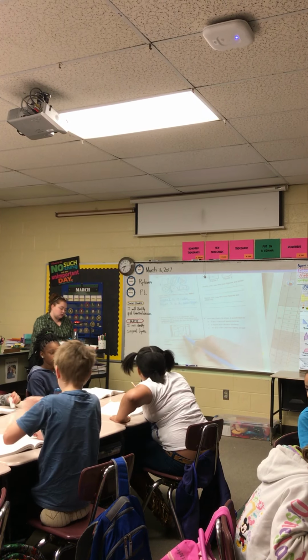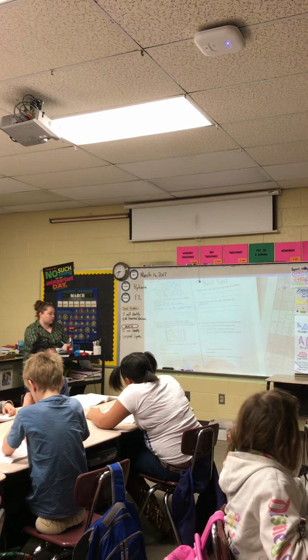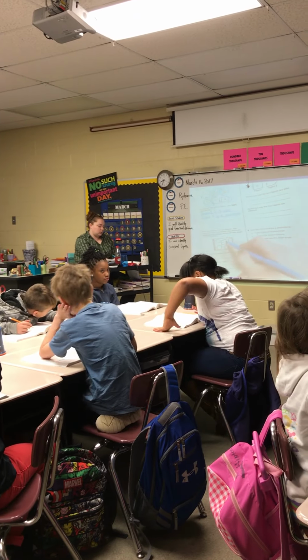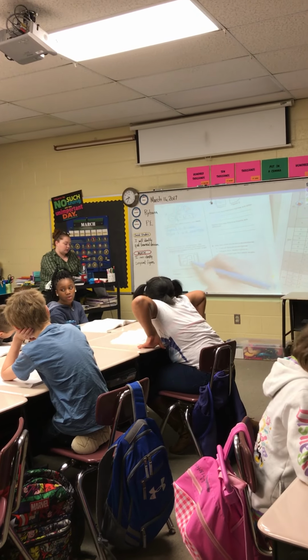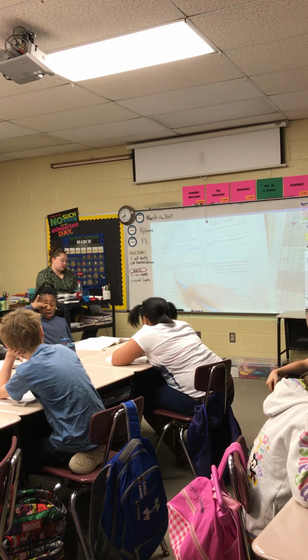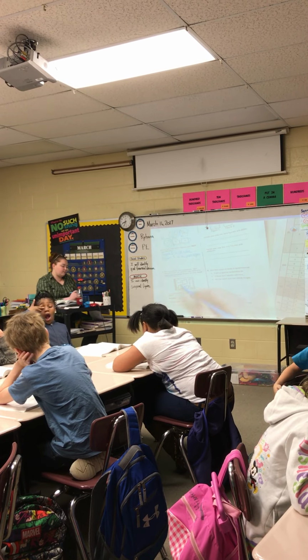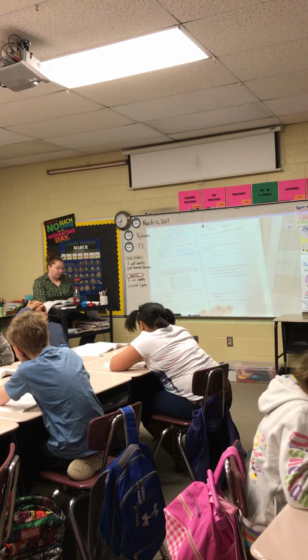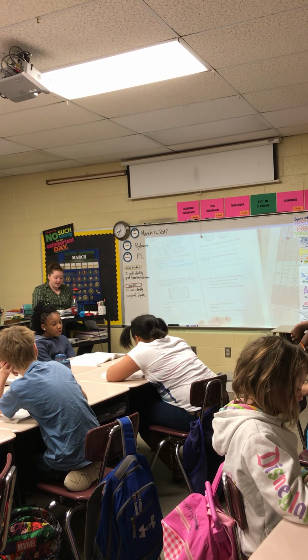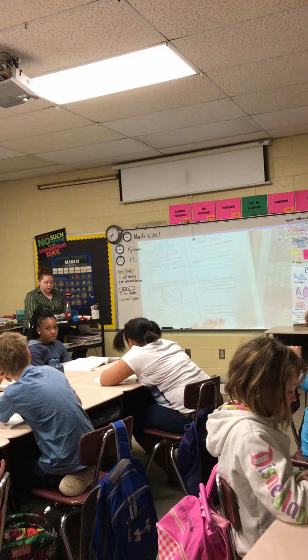This one has 4 sides, that's a quadrilateral shape. This figure has 4 sides, so that's a quadrilateral shape. This one has 4 sides, so that's a quadrilateral. And this one has 1, 2, 3, 4, 5 sides, so that's not a quadrilateral.